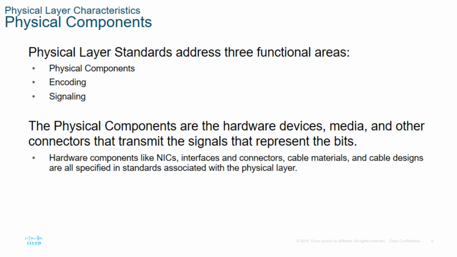Hardware components such as NICs, interfaces and connectors, cable materials, and cable designs are all specified in standards associated with the physical layer. The various ports and interfaces on a Cisco router are also examples of the physical components with the specific connectors resulting from the standards.